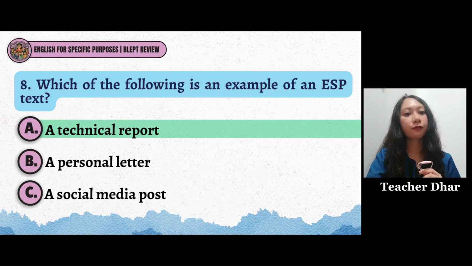And other examples of ESP texts include research articles and academic papers. And the other two options are incorrect because letter B, a personal letter, is a general, non-specialized text. And letter C, a social media post, is a general, informal text.